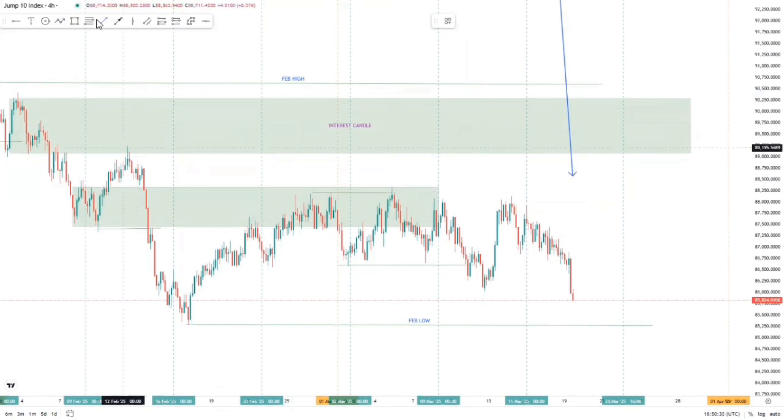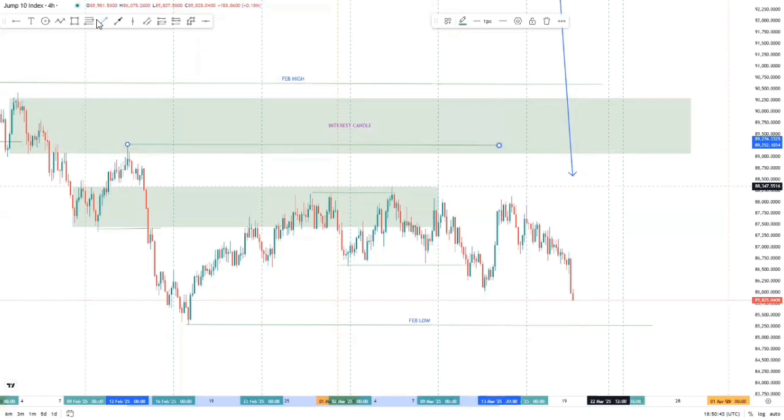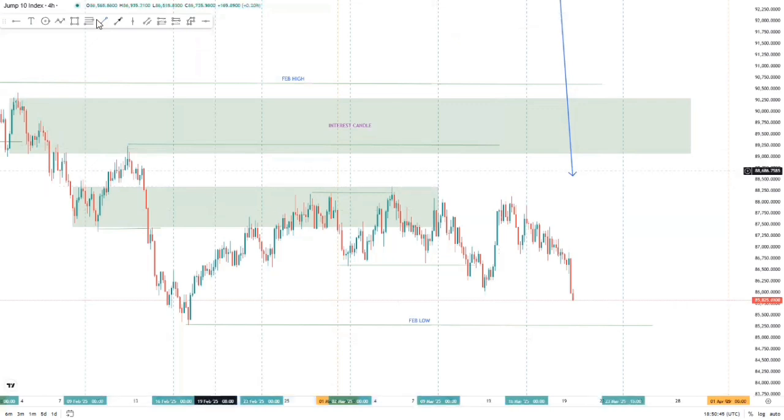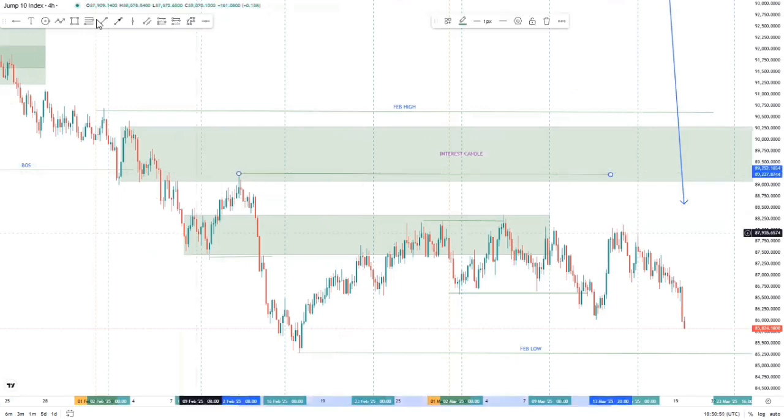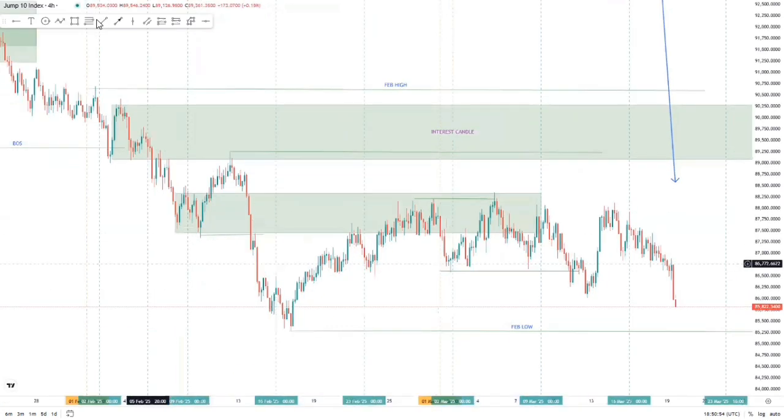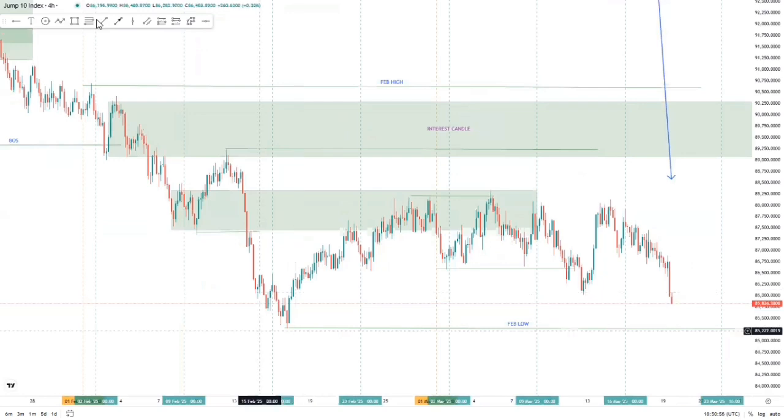You see, we had a weekly high here. And remember, on the daily time frame, we have an inducement candle. Most probably this is gonna become the liquidity. So we have this weekly high here, and it was swept here. We have this weekly low, and the low was here.